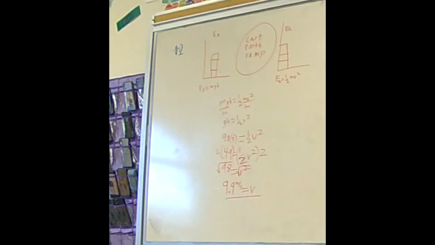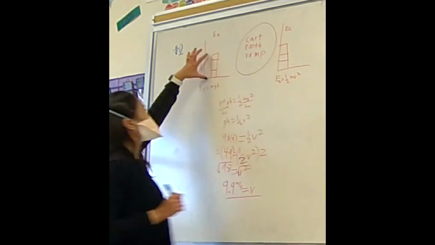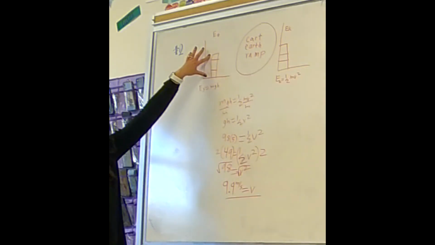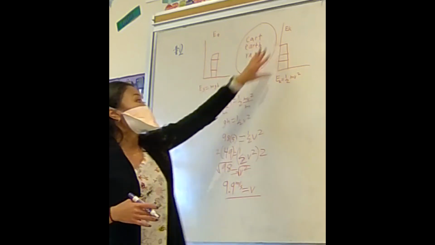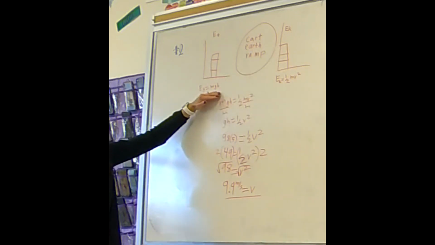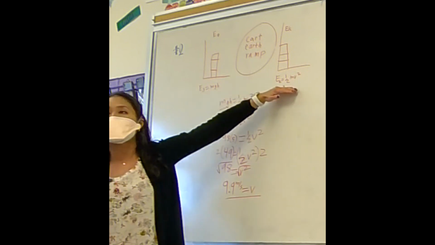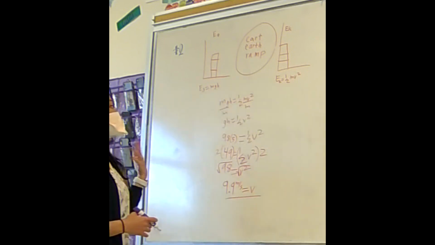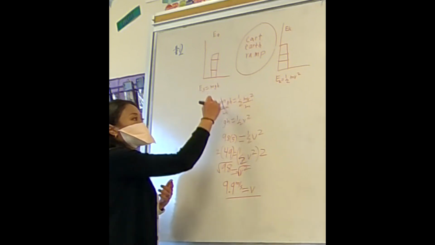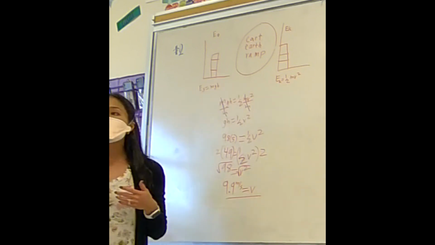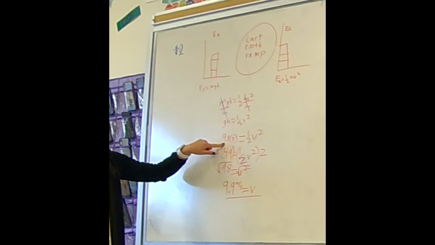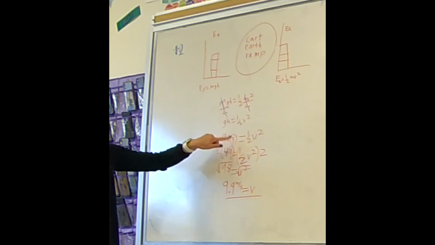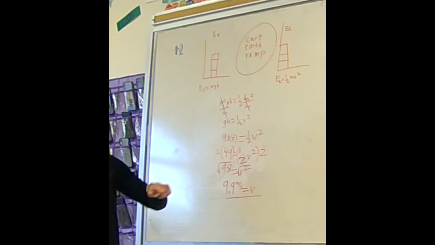Okay, so the next problem, we've got energy transfer from a gravitational height to motion at the bottom of the hill. The energy transfer goes from mgh to 1/2 mv squared. And this is one where you can cancel out your mass, and you end up with an equation of gravity times height, positive 9.8 times 5, equals 1/2 velocity squared.